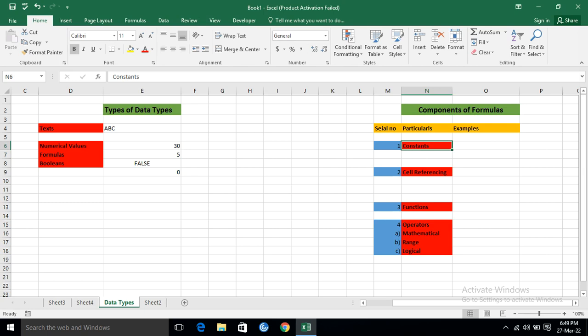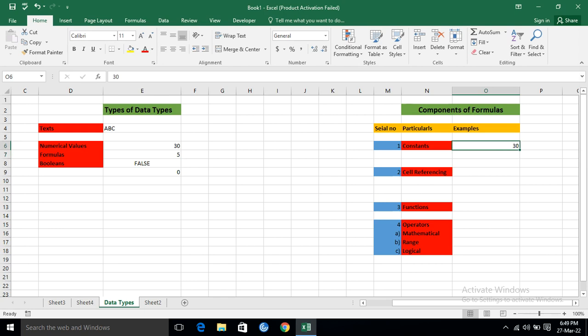Now coming into the constants. Constants are basically numericals as well as text. So if I write over here equal to and then suppose 30, so these are the constants. But if I write only 30 over here, then also it is right aligned because it is a number after all.